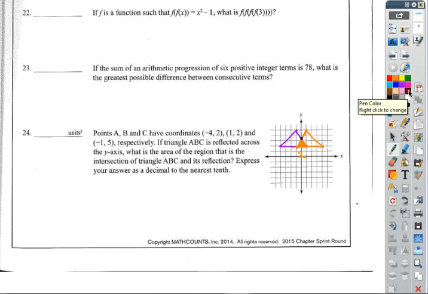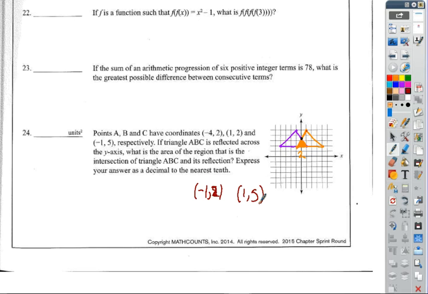So we know that, let's say that is -1, comma, 5. This point here is going to be 1, comma, oh crap, it's -1, 2. This is going to be 1, comma, 5.